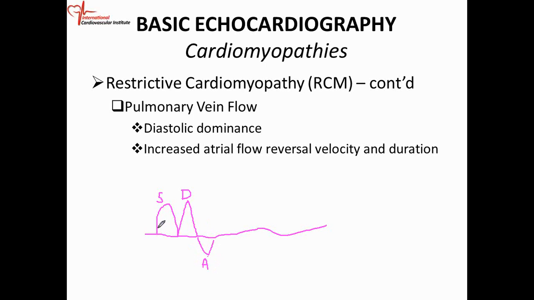When you have restrictive physiology, the systolic component is small, reduced. That's our pulmonary vein flow.